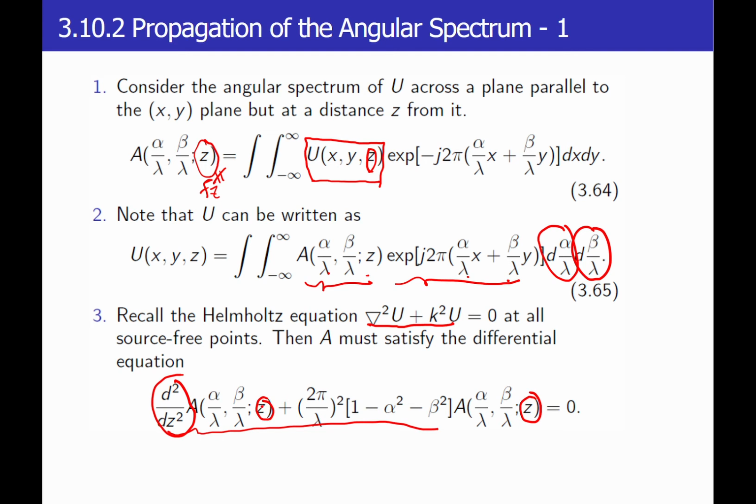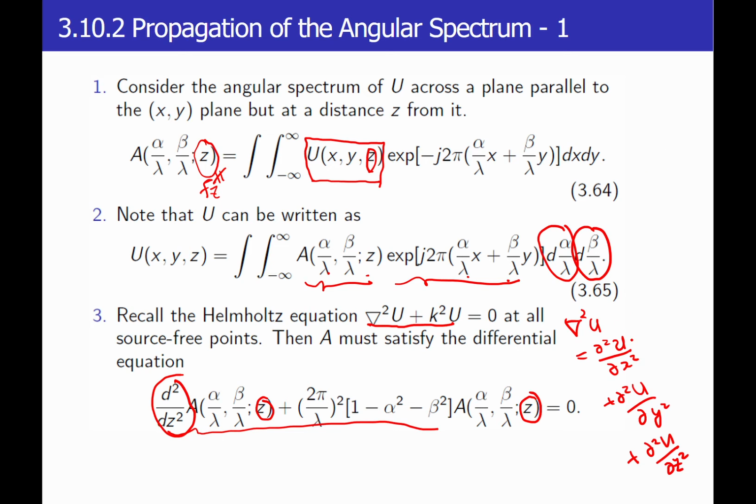So if you do the Fourier transform of this Helmholtz equation, the Laplacian is nothing but this.